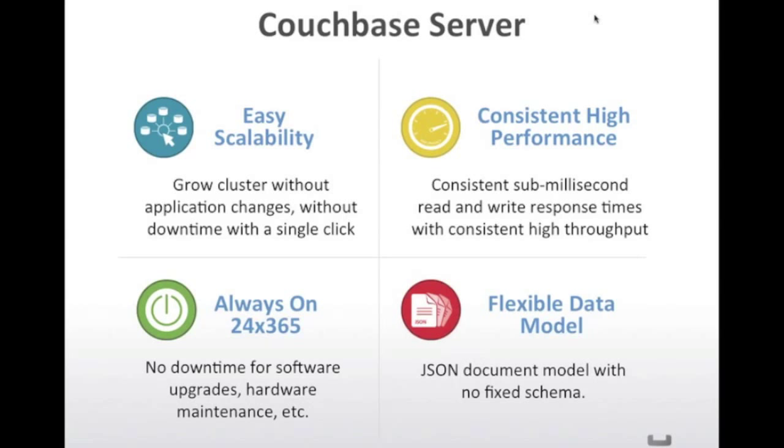A key advantage in a NoSQL system is the flexible data model. And Couchbase, being a document-oriented database, has the JSON document model. That provides advantages: if you're using an RDBMS, you would know how hard it is to make a schema change. You have to go to the administrator. It could involve downtime.